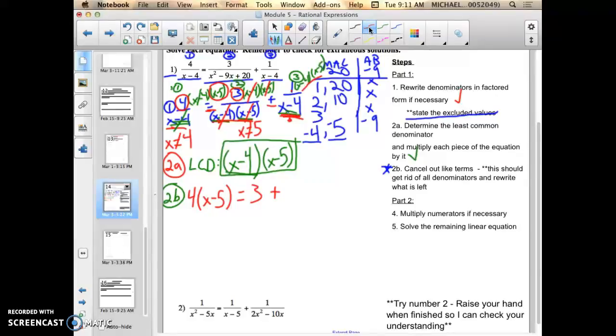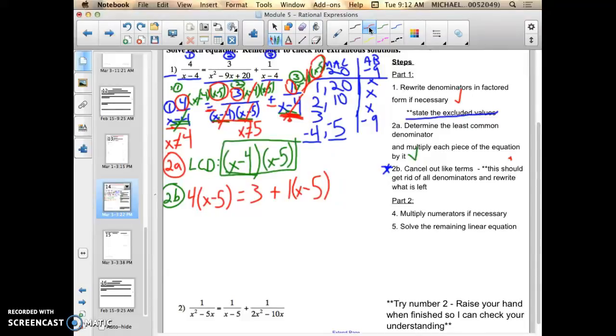And in this case, the 1's denominator is x minus 4. So all I can cancel out here is the x minus 4 on top and the x minus 4 on bottom. So I'm left with 1 times x minus 5. And if you notice now in step 2b, this should get rid of all denominators, and then I rewrite what's left, so I did that. I did it correctly because I have no more denominators.